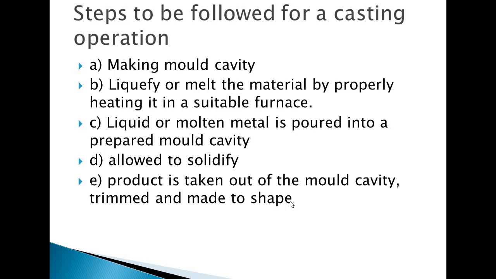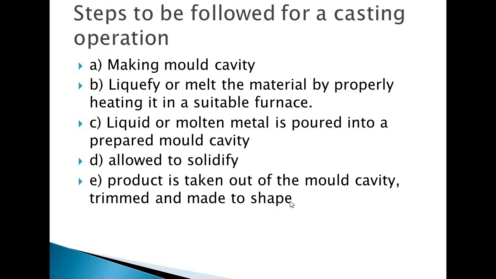After this, the product is taken out of the mold cavity. Once our product has become solid and cooled, we break the mold and take out our product. After this we require to trim the part, because some excessive material is added over our part.